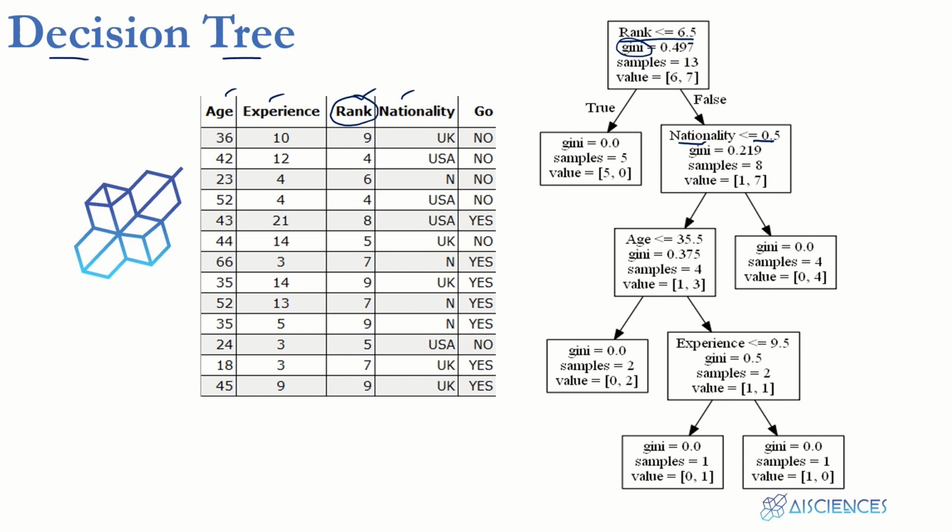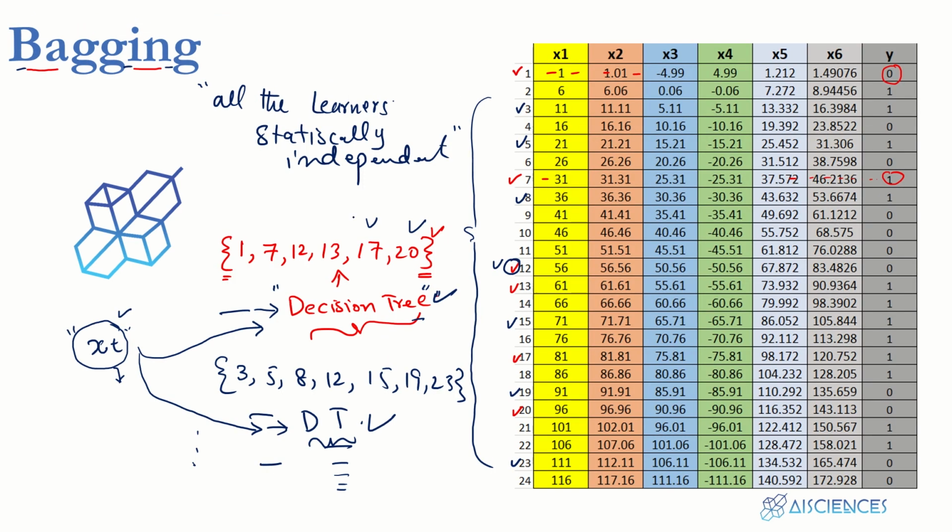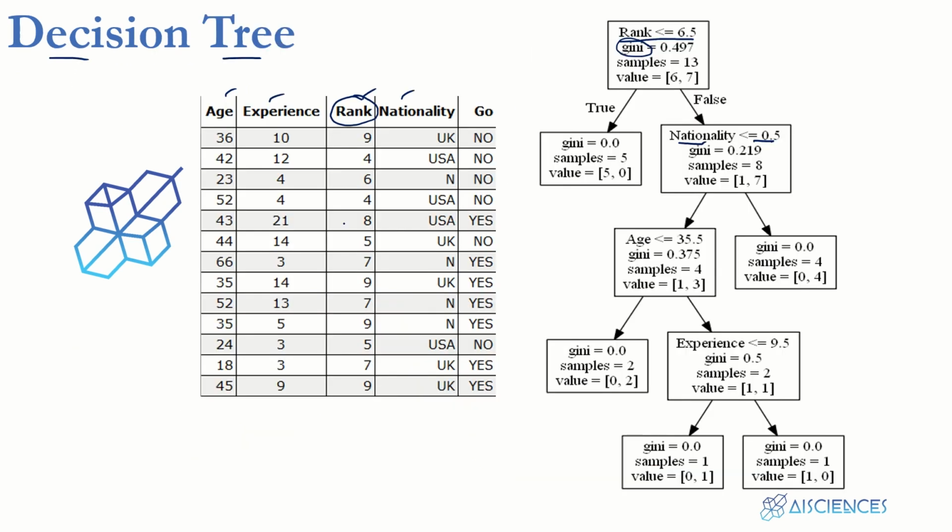Now the problem with using a decision tree as a base learner inside bagging is that if you have several decision trees and you give different subsamples of data to all of them, they will rank or order the same important attribute in the same way at the top.